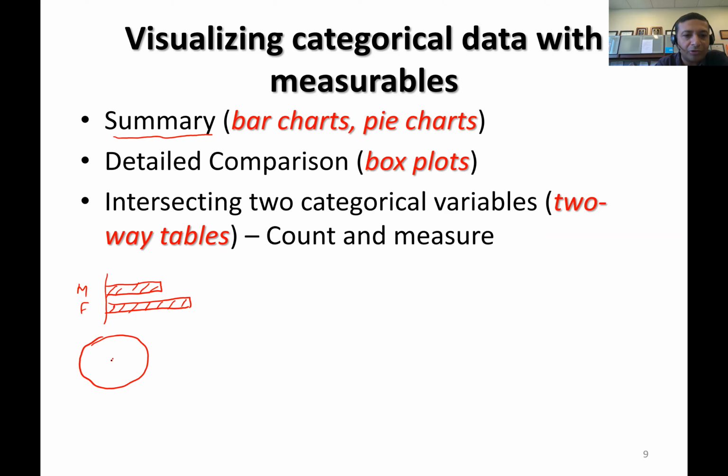The pie chart will show something very similar. This will be females, this will be males. It can provide the certain percent for both of these chunks, but they all tell the same story. So that's the idea in terms of summary. This is count or frequency.